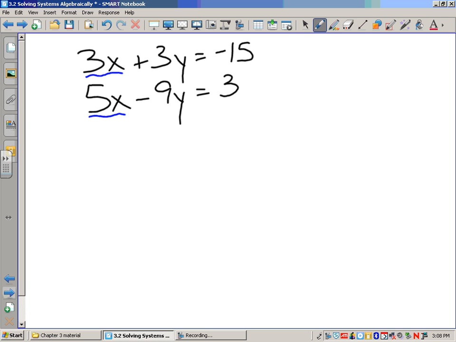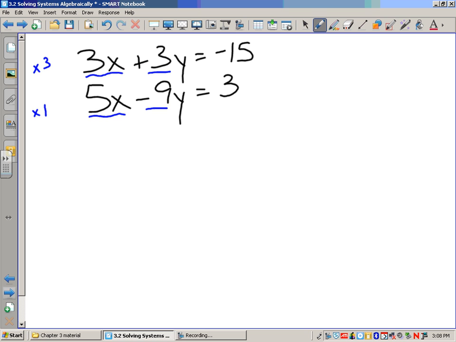You could multiply by 5 to get 15, negative 3 to get negative 15, if you wanted to do your x's. If you wanted to do your y's, you have 3 and negative 9. So I could multiply just the top by 3 and keep this one the same. So I have 9 and negative 9. I'm going to do the y's.